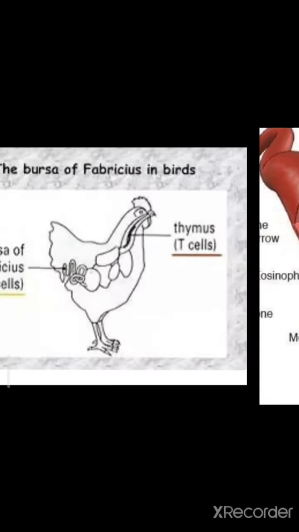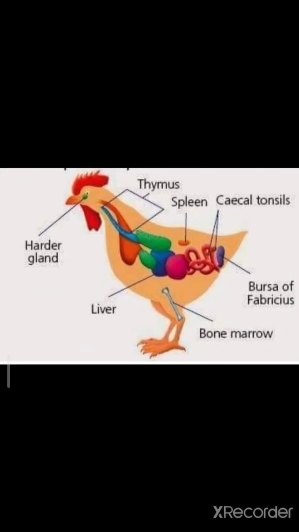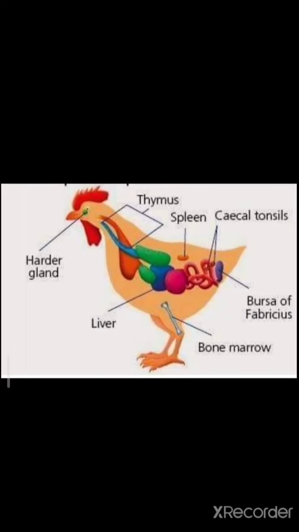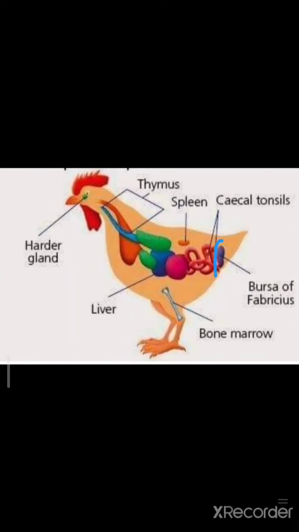Here you can see the bursa of Fabricius, which is in purple color. It is present on the dorsal wall of the cloaca. Cloaca is a common exit for the intestinal and urinary tracts, the gastrointestinal tract and urinary tract.